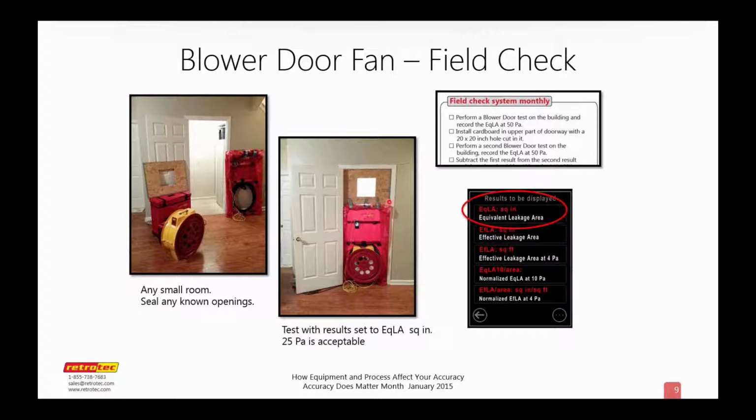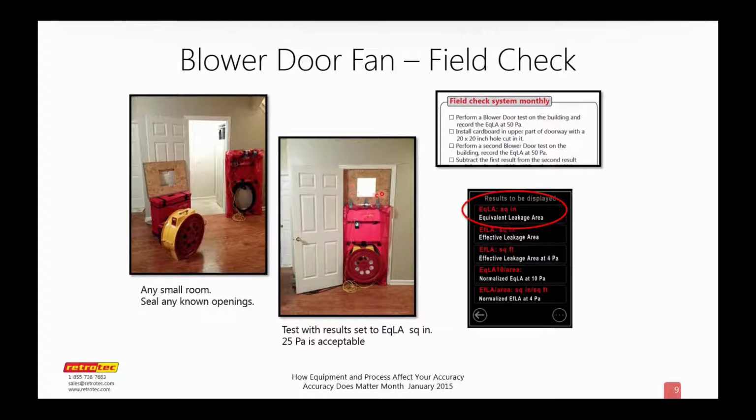You don't necessarily have to use a piece of wood. You can use a piece of rigid plastic, any number of things, as long as you can cut a square hole in it that you can measure, and that you can seal tightly into the door frame.